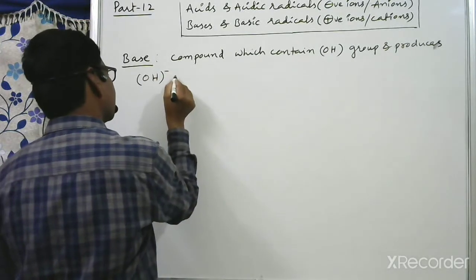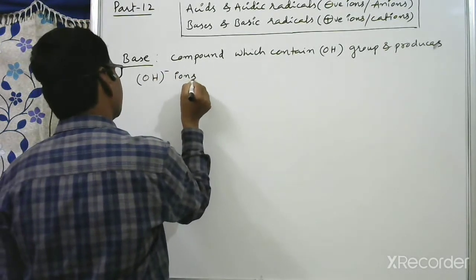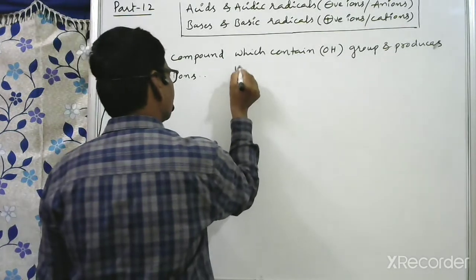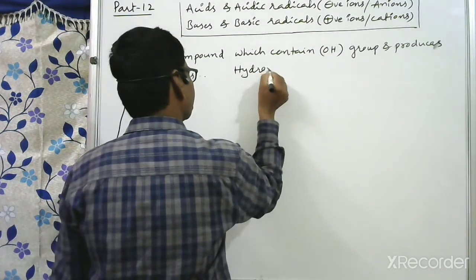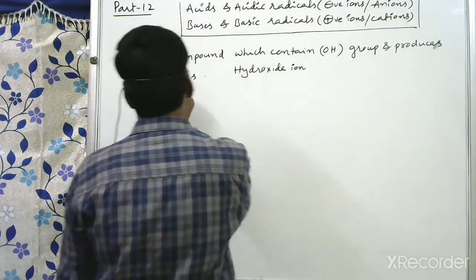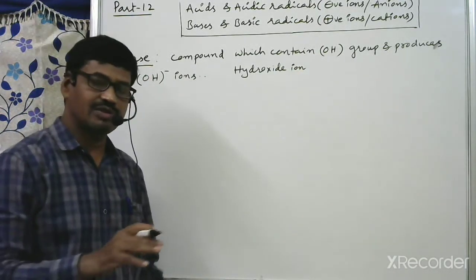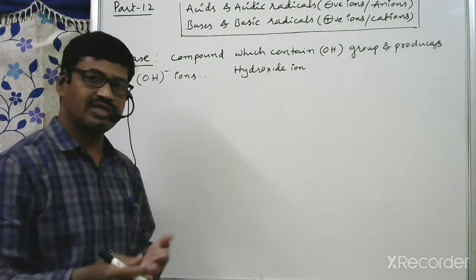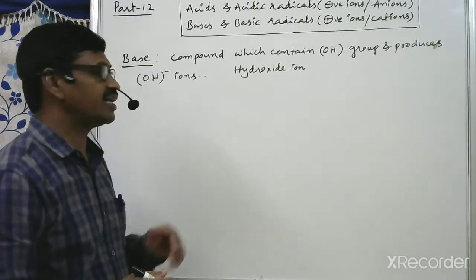OH minus ions are nothing but hydroxide ions. OH minus is hydroxide. Just now I gave H2O. From H2O, if you remove hydrogen plus, the remaining part is OH that carries minus 1, hydroxide ion.